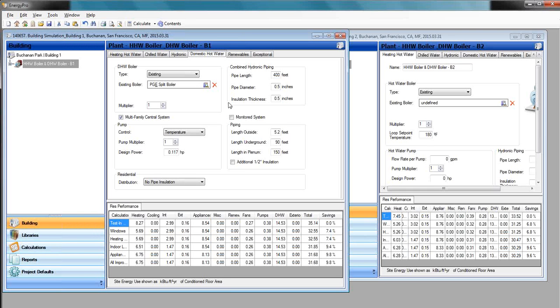So if you're not normally looking for pipe diameter when you get to a hydronic system, maybe it's an added field that you put into your field notes and your report journal data. You want to document that. If you see any insulation or thickness of that insulation, you want to document that as well. So combined hydronic piping, the big takeaway is it's the pipe length in unconditioned space.